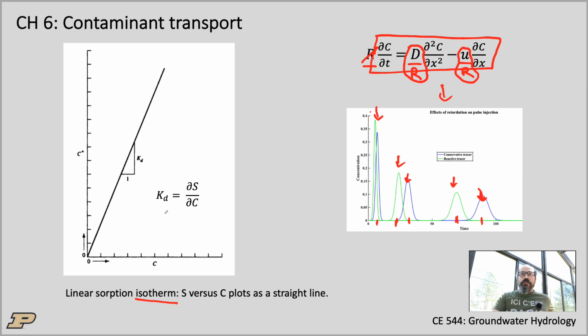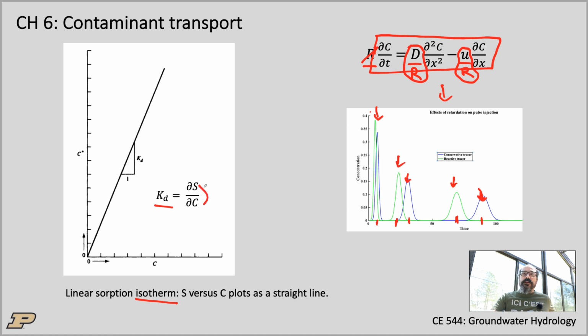But for a linear sorption, and I'll make a distinction in a minute, but again, for a linear sorption, by definition, we've seen that K_D, the partition coefficient, I can't remember what the D stands for. Anyways, it's the same as the previous one, right?